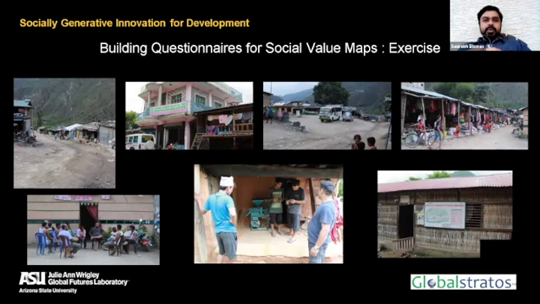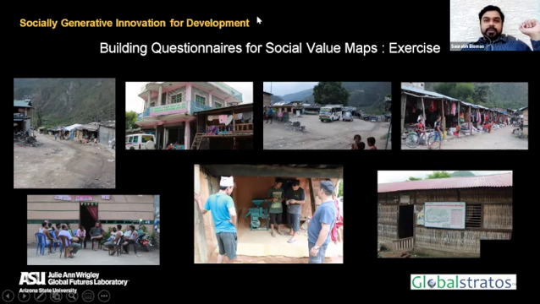So what I would like to do now is instigate you to think about certain questions using the social value map framework. What you see on your screen is a set of pictures from a location, which I'll tell you more about later, representing a situation in a particular community.